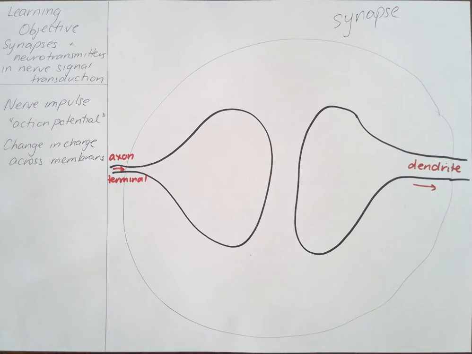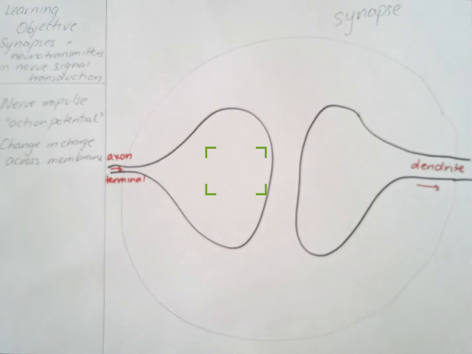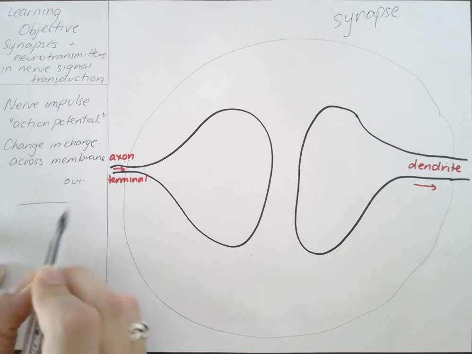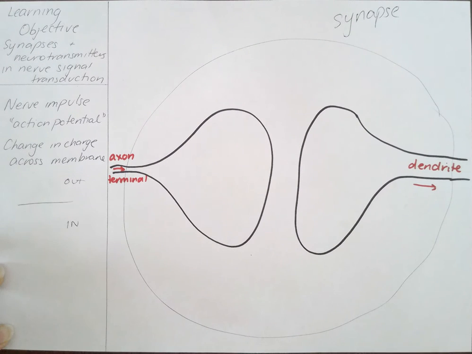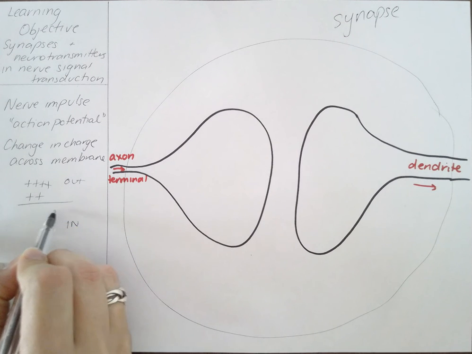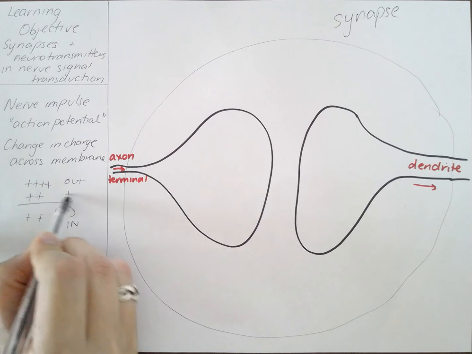What we see on the outside of the cell is different to what we see on the inside. Usually we have quite a lot of positive charges on the outside of the cell, and that makes the inside, even though it does have some positive charges, relatively negative.